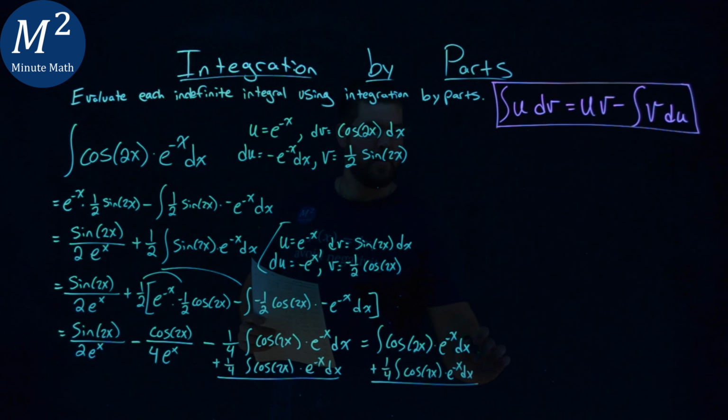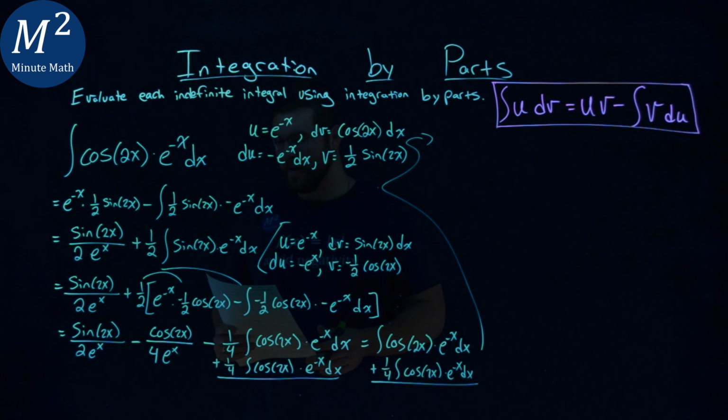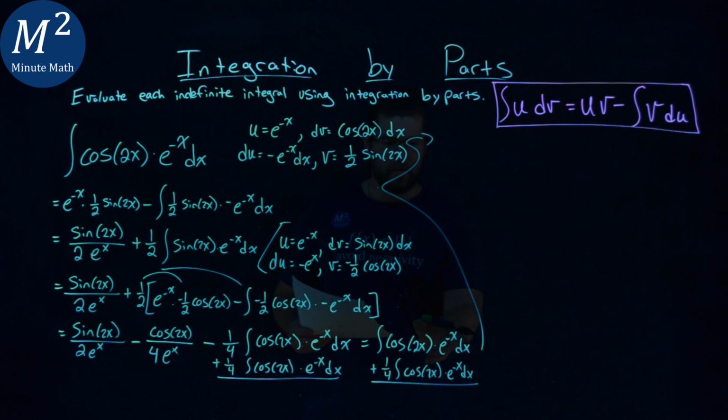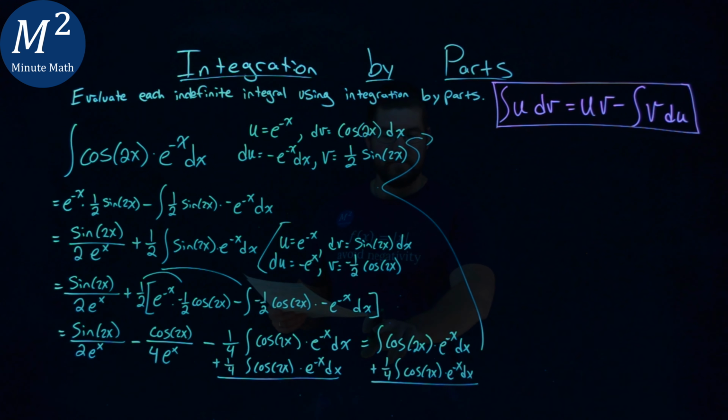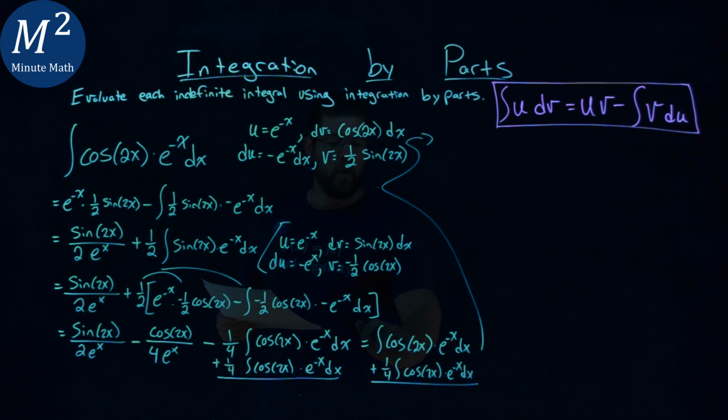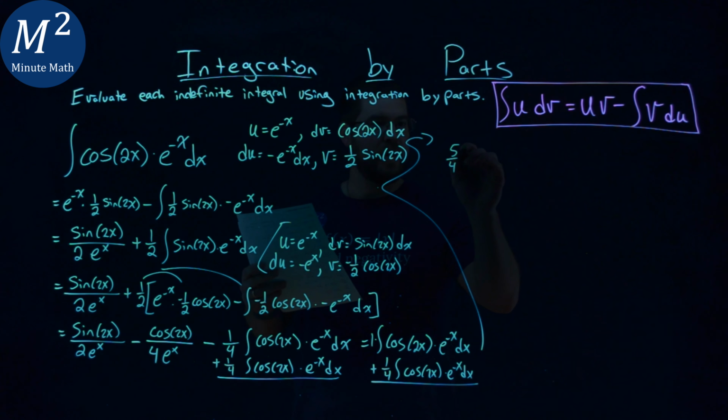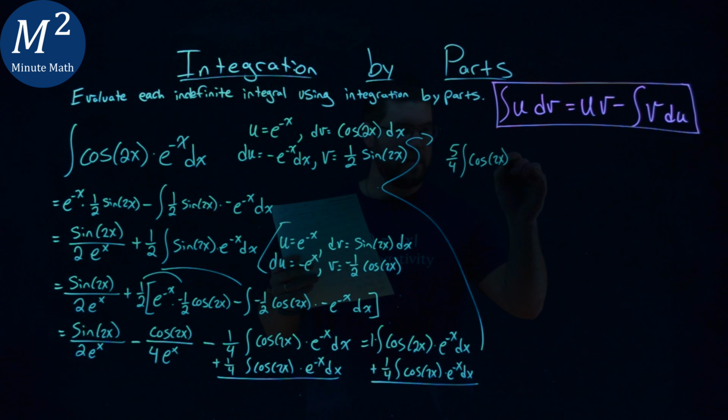Let's go, that whole thing we're putting up here, okay? Add it to both sides, will bring us back to the left-hand side to make it easier to see. So we have a coefficient of 1, really, right? 1's out front. And 1/4, that gives us a 5/4. So we have 5/4 times the integral of that cosine of 2x times e to the negative x dx.